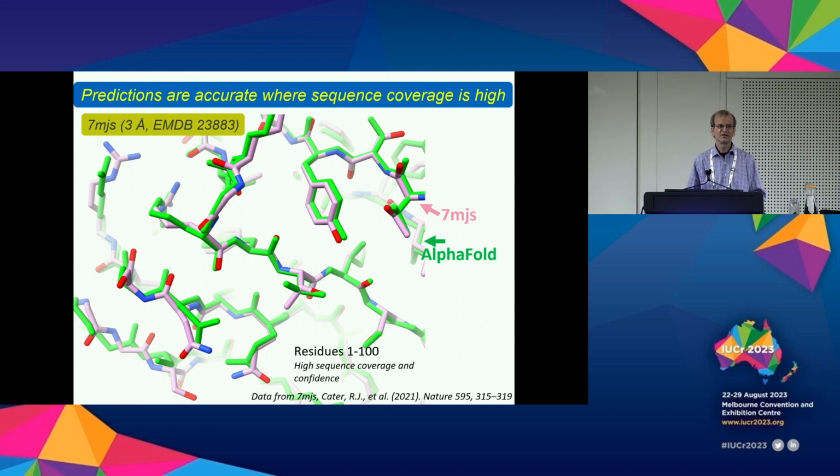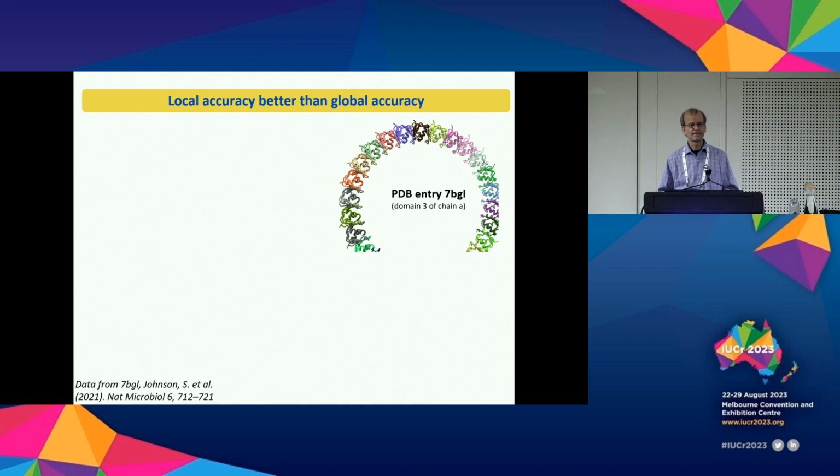And a few years ago, if you got a structure that looked like the green one and you really wanted to get the pink one, you would say, I got it. Right? So this part of it is extremely similar. It's extremely good. Not every side chain's in the right place. So high confidence residues can be very accurate. But know that local accuracy, which I just showed you, is very often better than global accuracy.